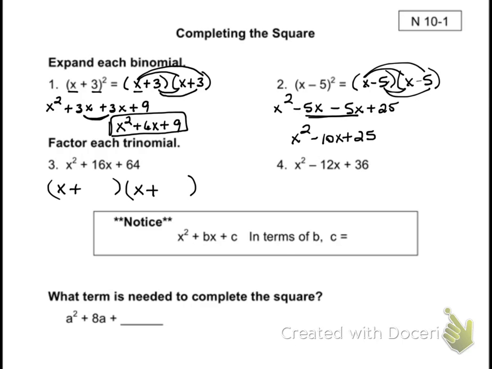So we need two numbers that multiply to be 64 and add to be 16. Well, that would be 8 and 8. So those factors are exactly the same. They look identical. So what that means is I could rewrite this, factored, as x plus 8, all of that squared, because that means x plus 8 times x plus 8.